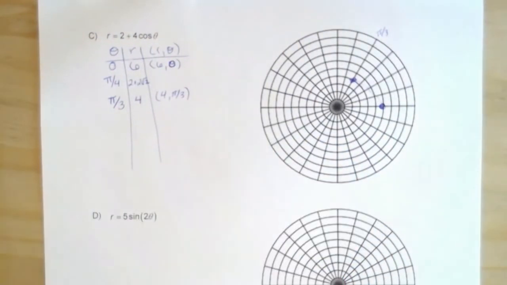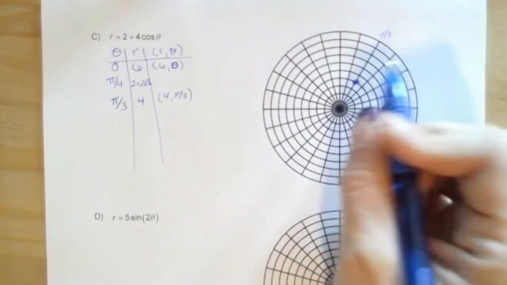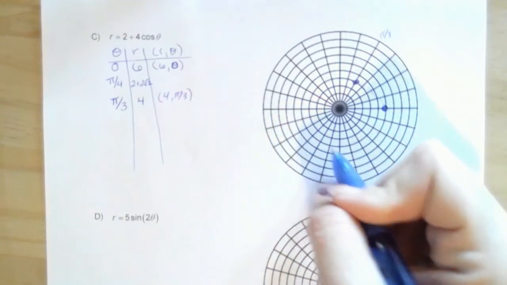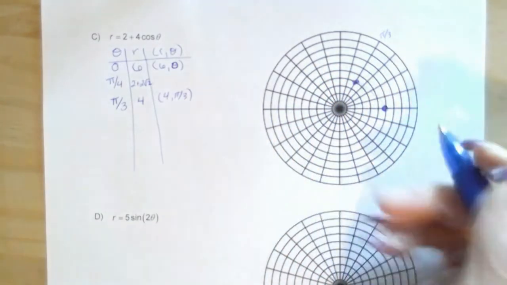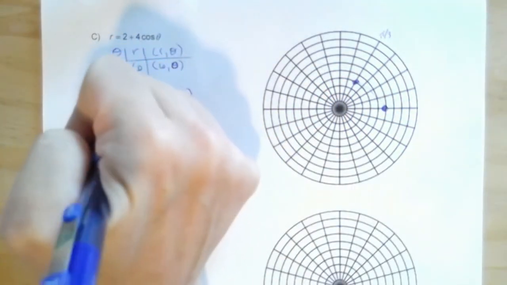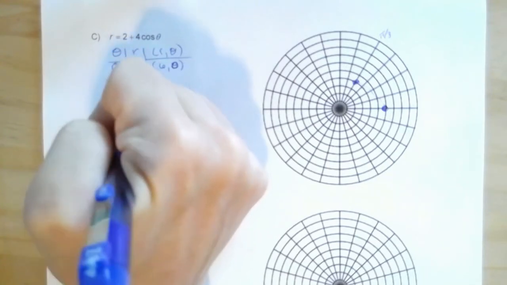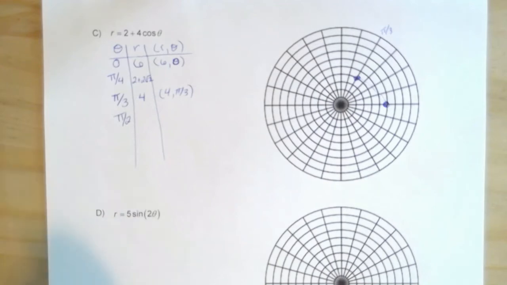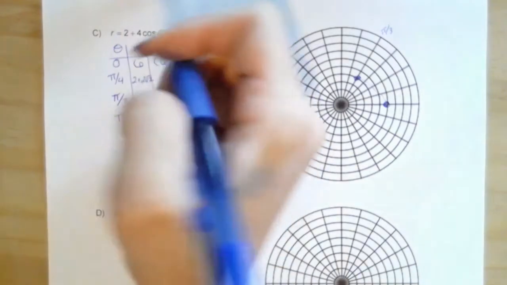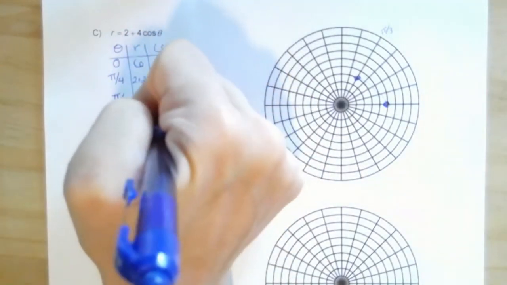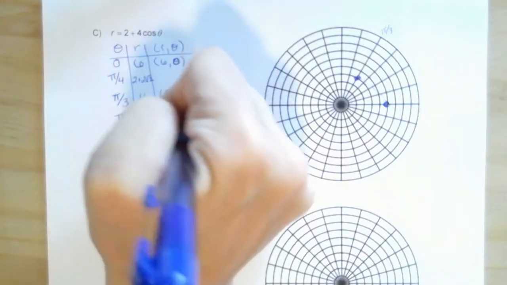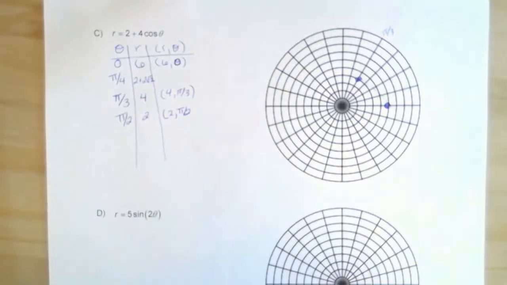Okay. So next, let's still do our pi over 3, but let's also do our knowns that we have for the 90 degrees, because those are nice numbers. So pi over 2. So cosine of pi over 2 is 0, so we get the value of 2. Now guys, remember when you do a table, you can do any thetas.